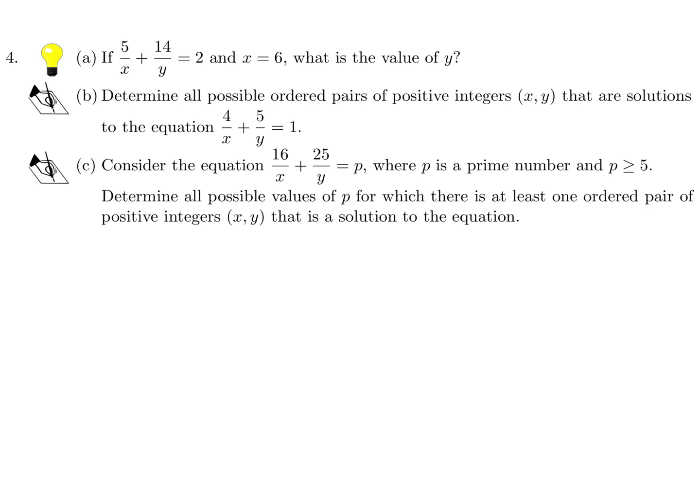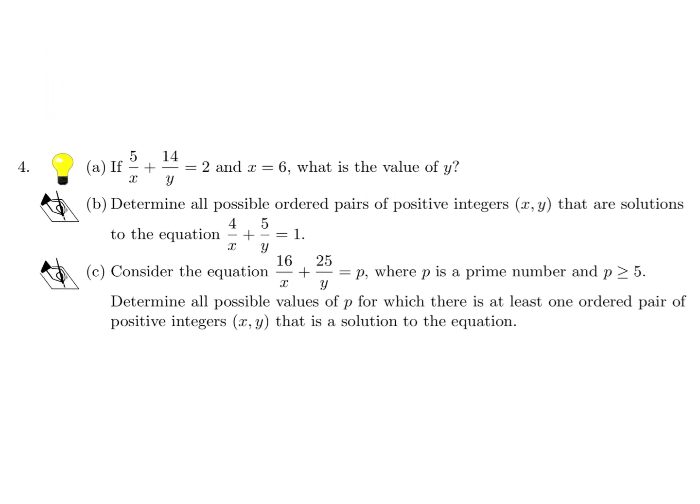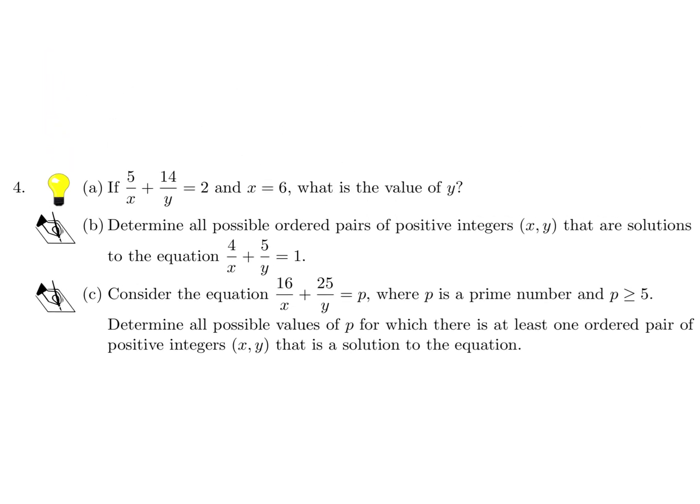If 5 over x plus 14 over y is 2 and x is 6, what is y? All right, so we have 5 over x plus 14 over y, and that's equal to 2. And they already gave us that x is 6, so that makes it easy. 5 over 6 plus 14 over y is equal to 2. So I guess we're just using common denominators, 6 and y.